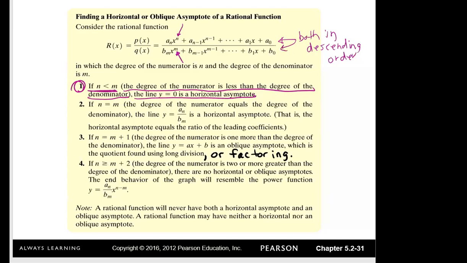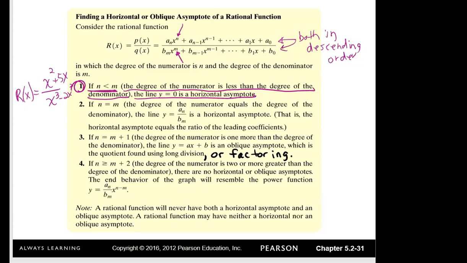So if I gave you the function r of x equal to x squared plus 5x over x cubed minus 2x squared, and so on, when you're looking at it, my numerator's exponent of 2 is less than my denominator's exponent of 3.